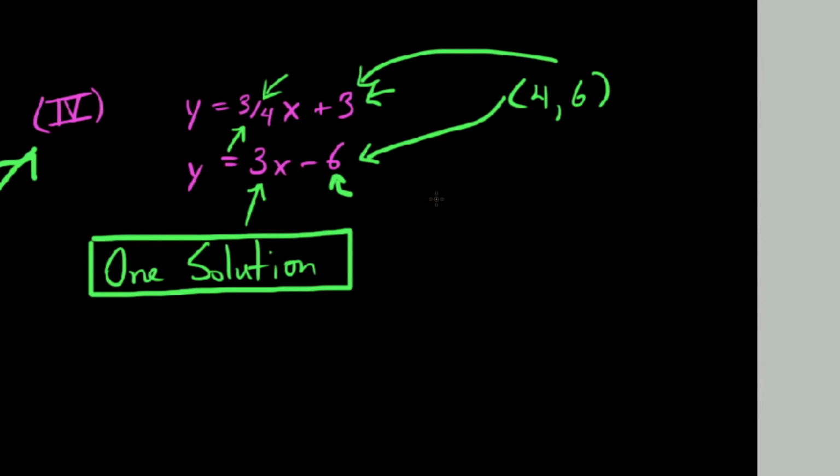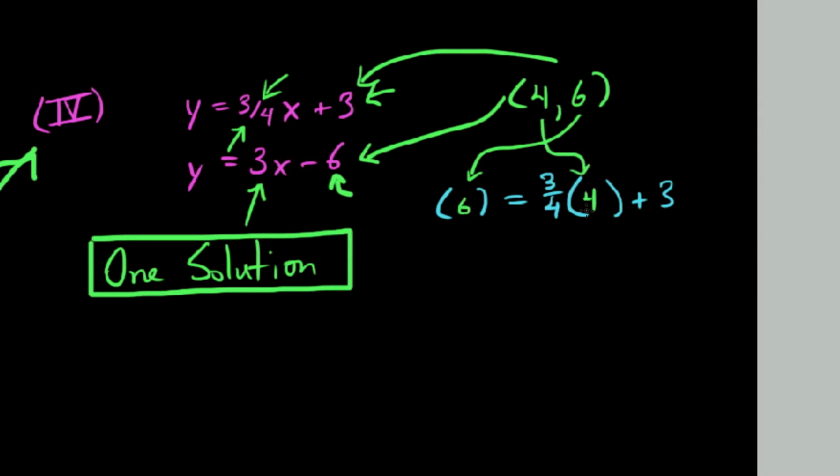So in this case, we get y equals 3/4 x plus 3. We're plugging in 6 for y, 4 for x, and we get 6 equals, now this 4 and this 4 cancel out, we're left with 3. We have 3 plus 3, 6 equals 6. So we know that the point (4, 6) satisfies the first equation.